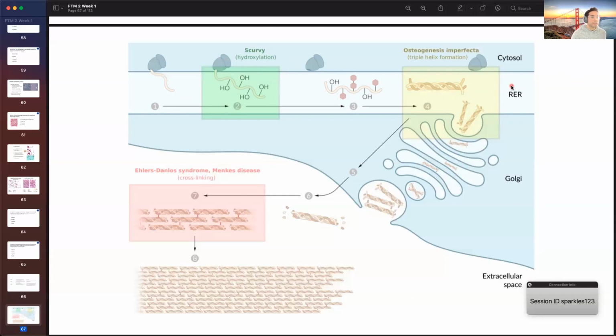Then osteogenesis imperfecta. Okay. Now, what is the genetic issue behind osteogenesis imperfecta? What is the allele that's affected? A glycine is being replaced by a cysteine. Exactly. Important. Remember that change, okay?